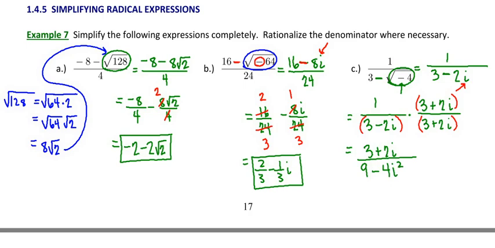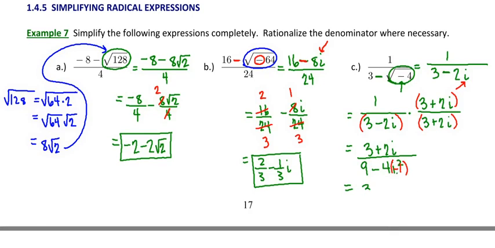Replacing the i squared here with negative 1 changes ultimately the sign between the two terms in the bottom. So we end up with 3 plus 2i over 9 plus 4. Continuing to simplify, we have 3 plus 2i over 13.